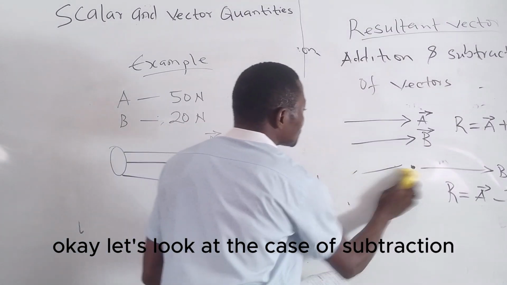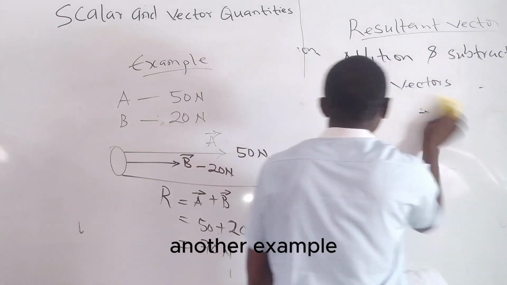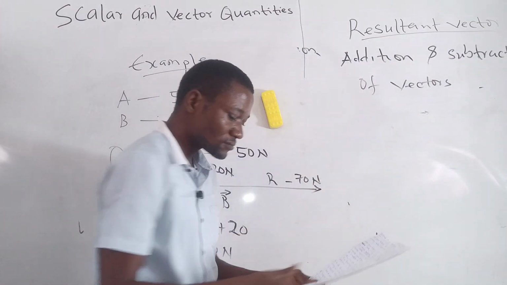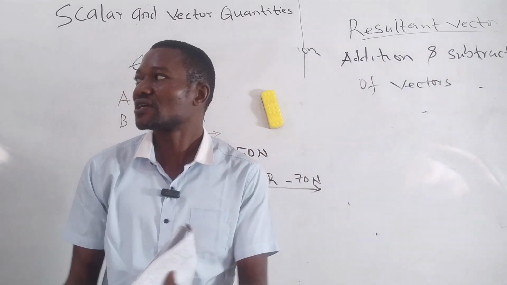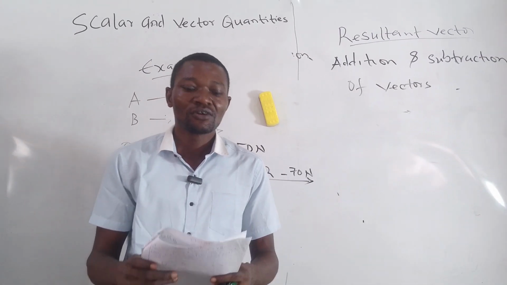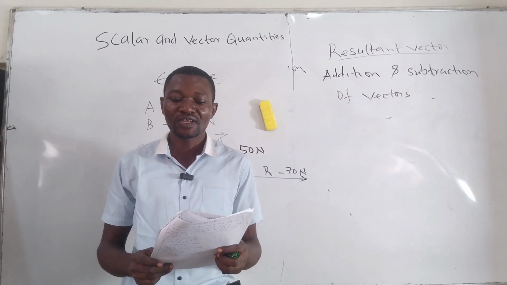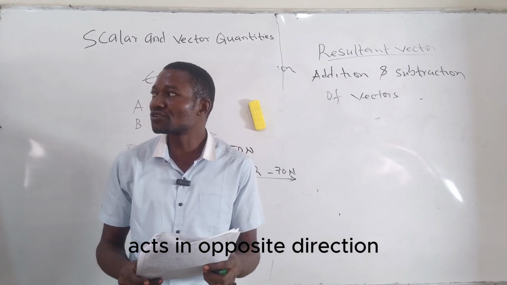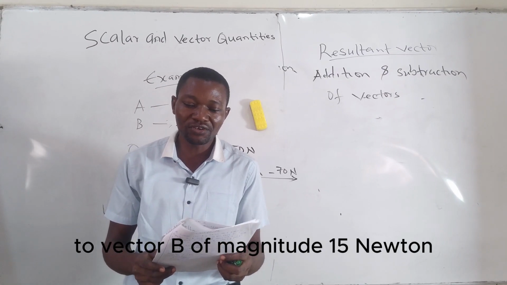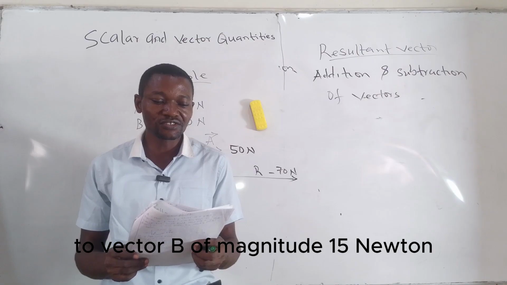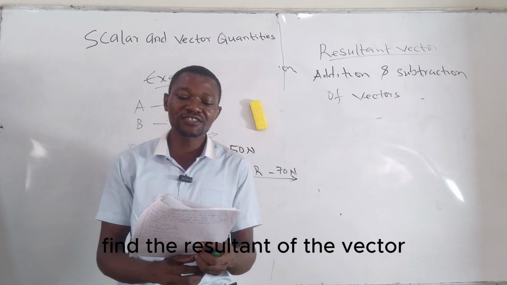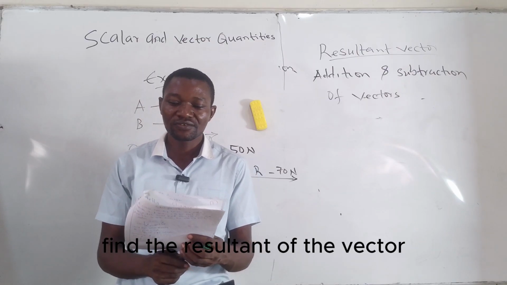Okay, let's look at the case of subtraction. Another example. Vector A of magnitude 60 Newton acts in opposite direction to vector B of magnitude 15 Newton. Find the resultant of the vectors.